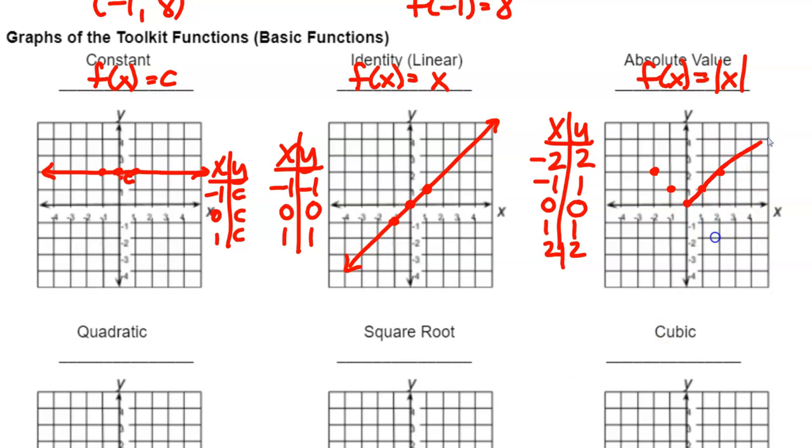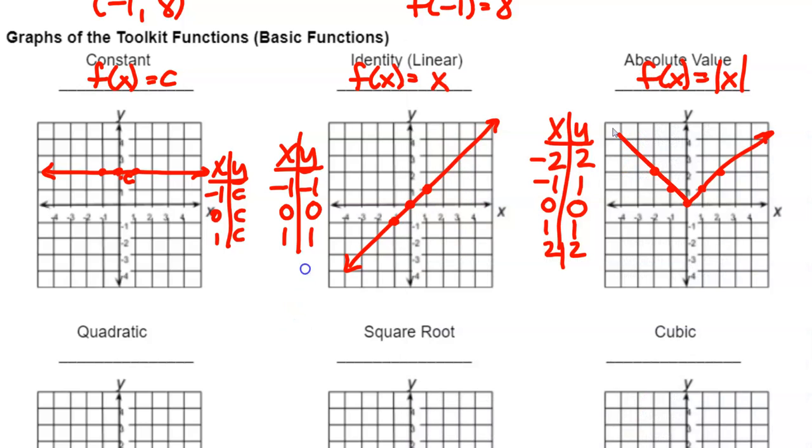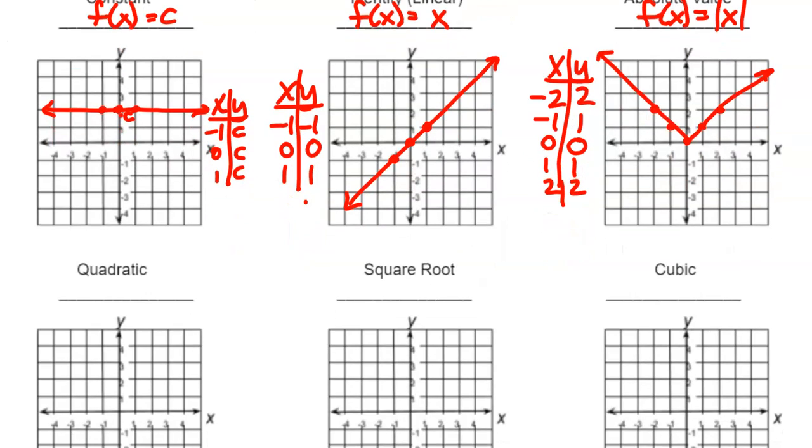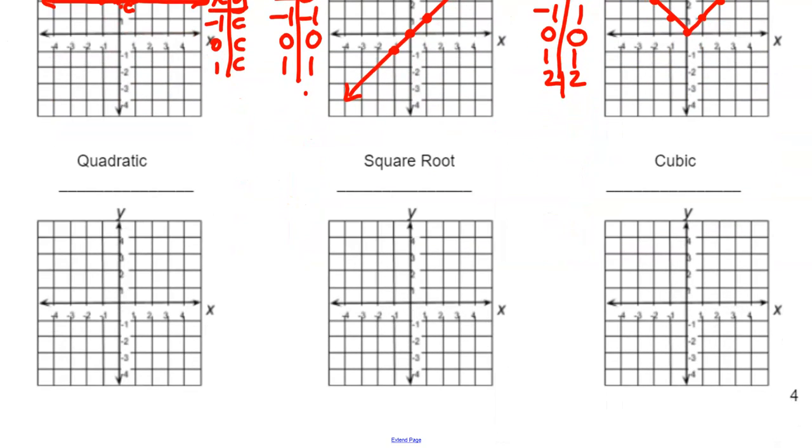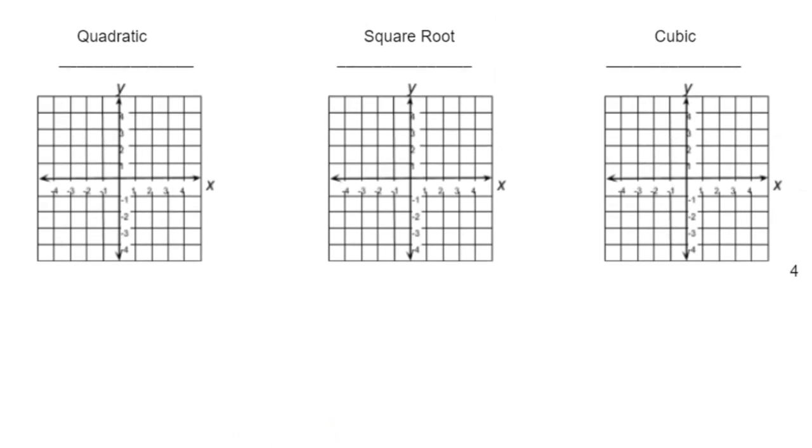And in order to make that straighter, in order to graph that, we can connect those, and we have a V-shaped graph for my absolute value. Okay? Again, later on, we're going to be moving these things side to side, up and down, and such. Okay? All right, let's look at our quadratic.